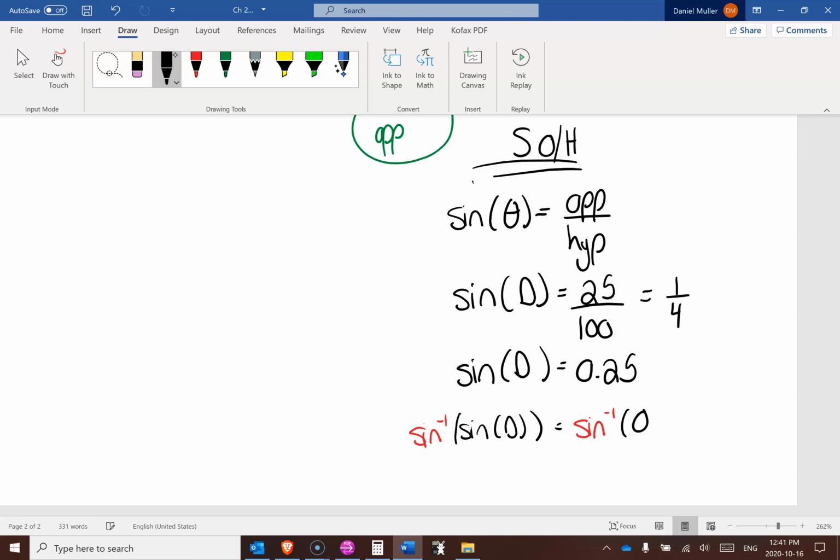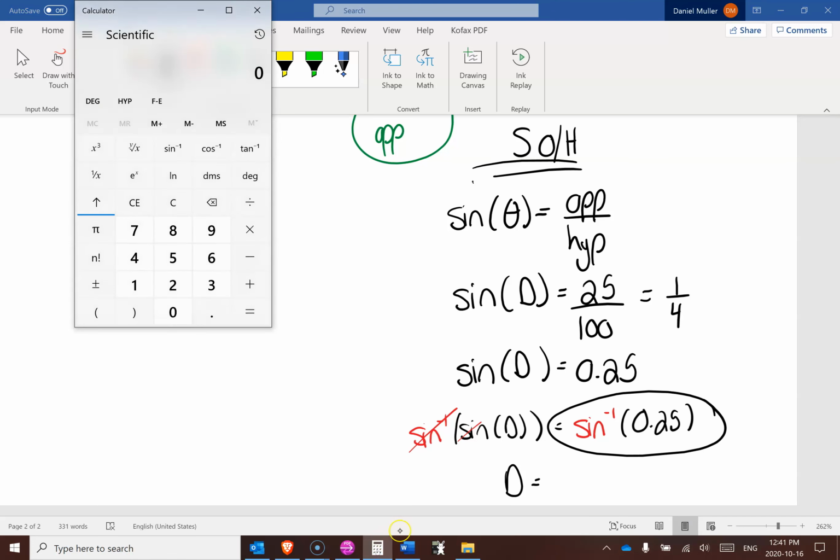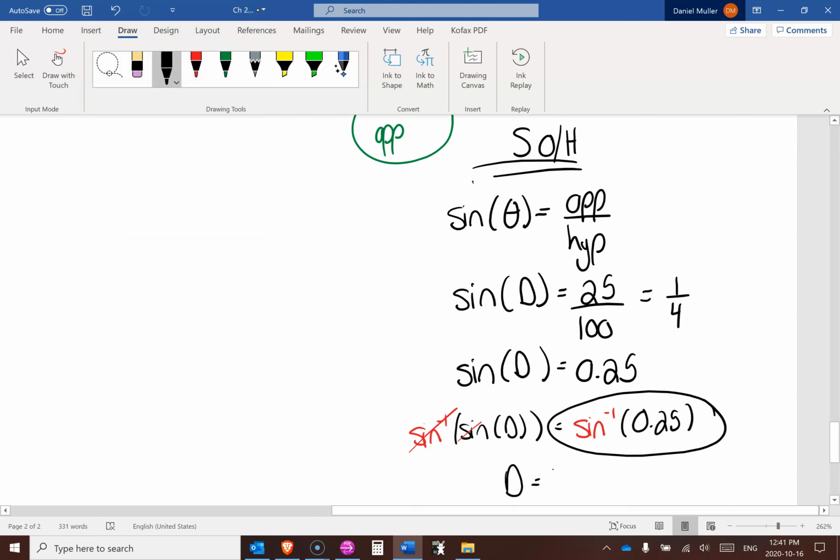So I did the sine inverse of both sides, and that way sine and sine can cancel out because the sine inverse cancels the sine, and you're just left with a D. And now you got to put this into your calculator. So 0.25 sine inverse. So 0.25, and there's a sine inverse button, and I get 14.477.